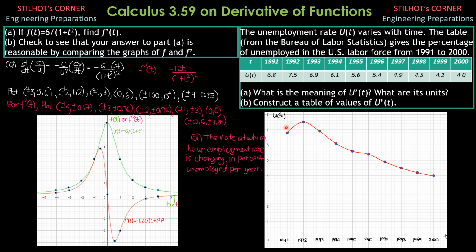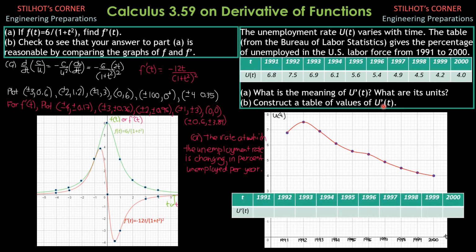Then we estimate the value of U prime of d. We construct values of U prime of d. So first we draw a tangent here, and that slope is positive, approximated as about 0.9. You just compute the rise, which is about 0.2, 0.4, 0.6, 0.8, 0.9 divided by 1 year.